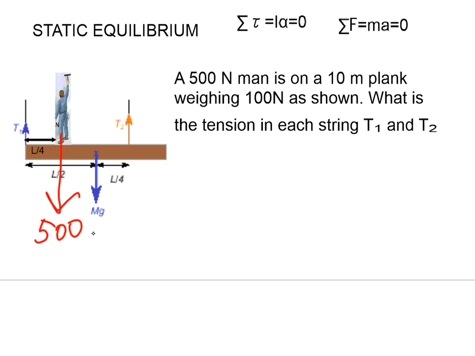The total distance across from here to here is 10 meters. The plank itself weighs 100 newtons. And the question is, what are T1 and T2 in this case? So stop the tape and try to work this out.